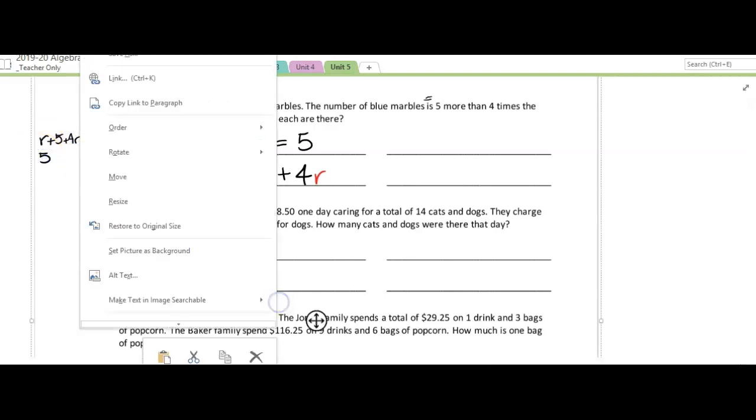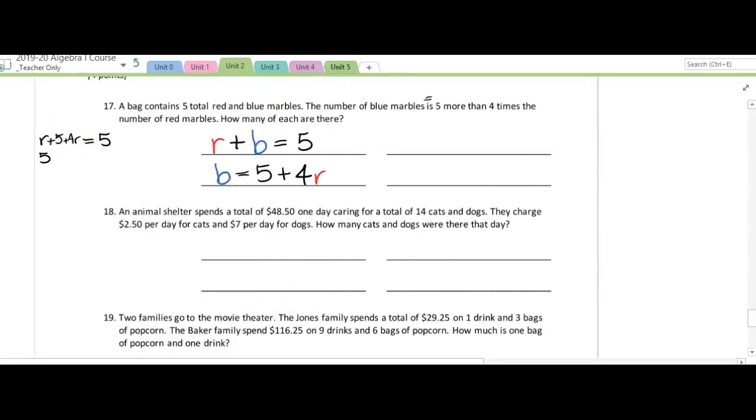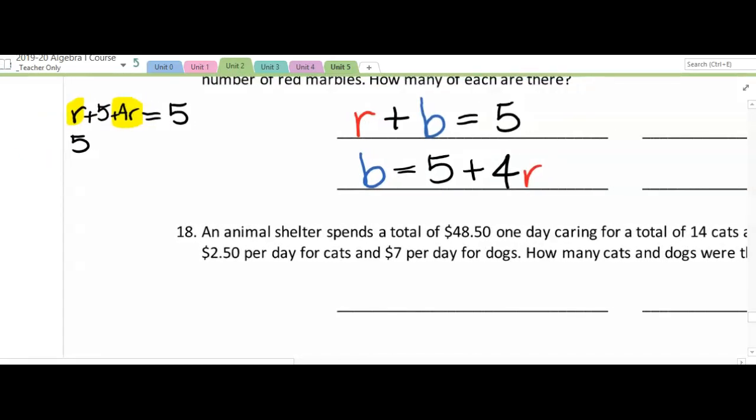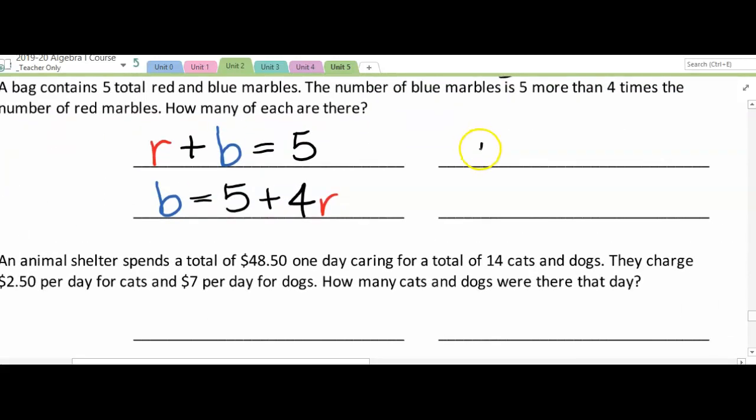If I combine like terms here, r and 4r, I'll get 5r plus 5 equals 5. Subtracting 5 from each side, I get 5r equals 0, which means there are no red marbles in the bag. There are 0 red marbles and 5 blue.